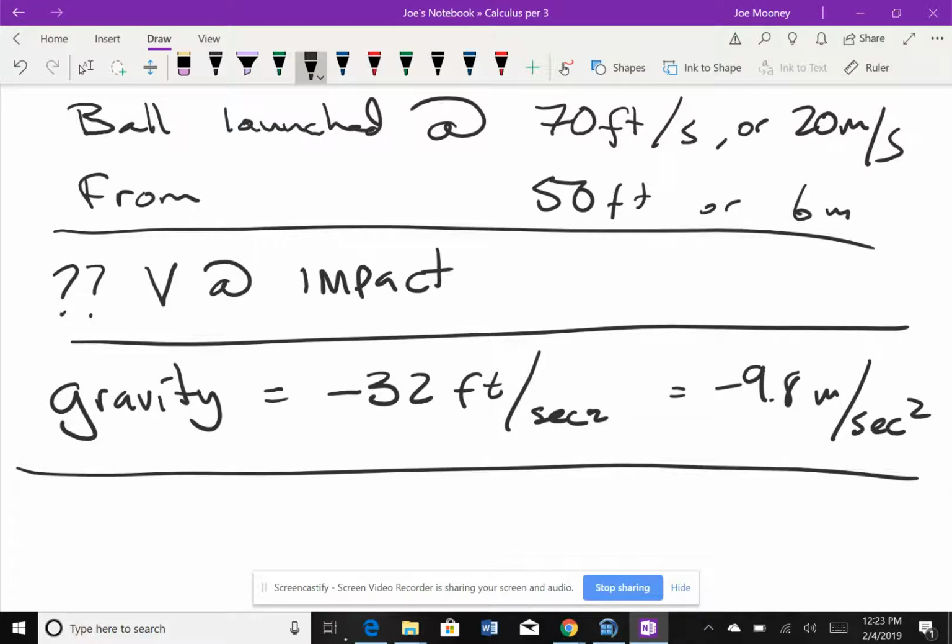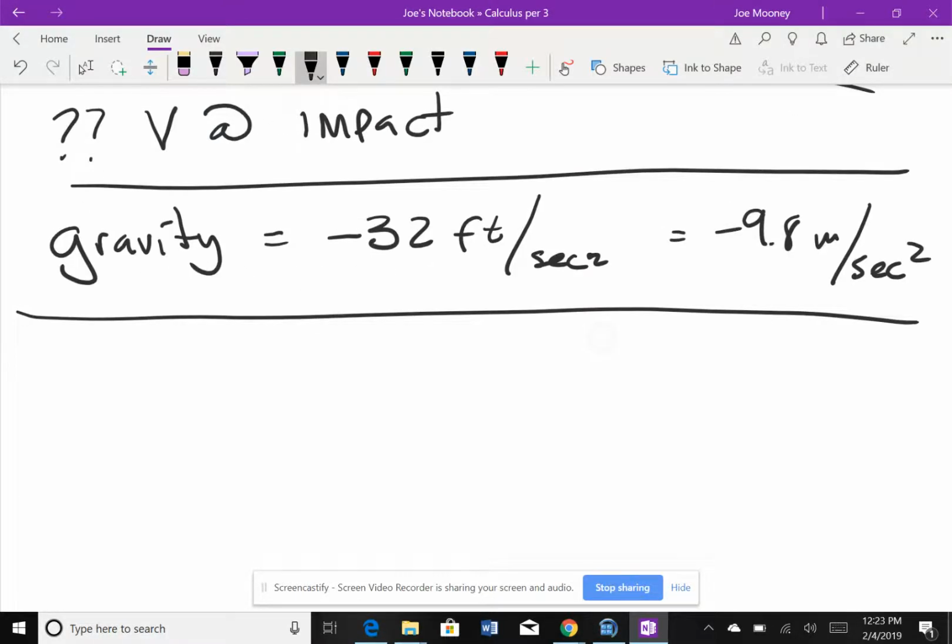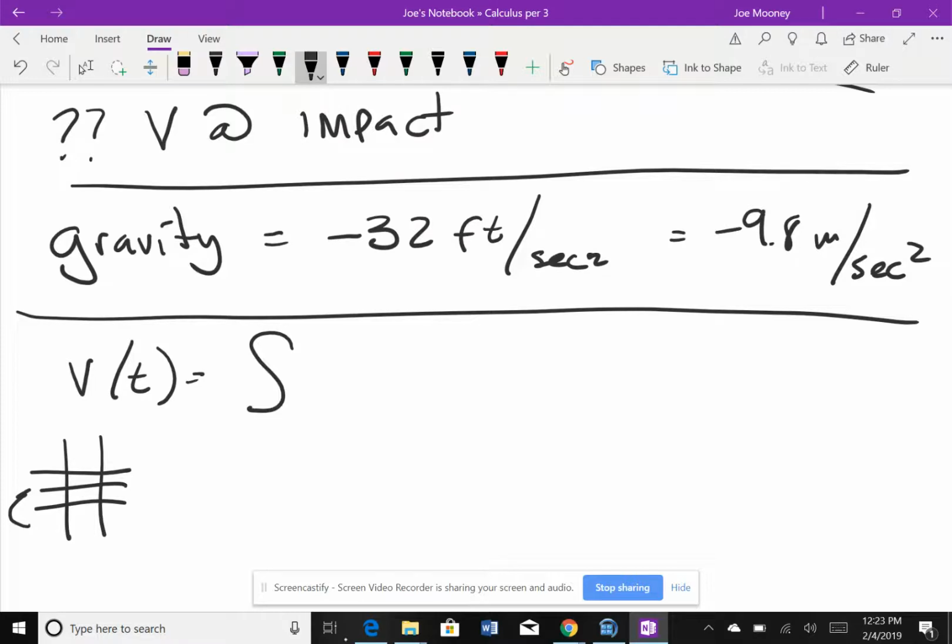And then you've got your velocity function. You're going to integrate your velocity. Will be climbing up the ladder from acceleration. So you'll be going up one time. So you integrate acceleration.